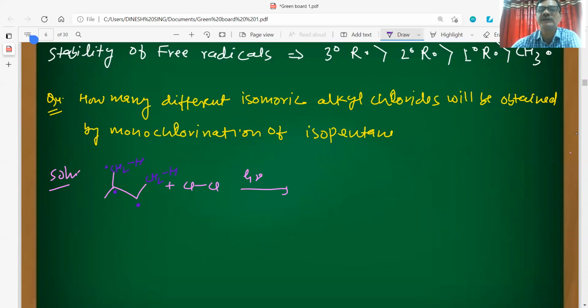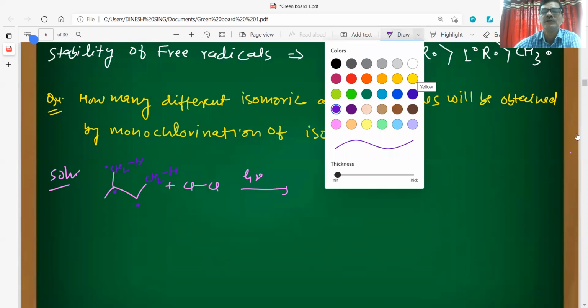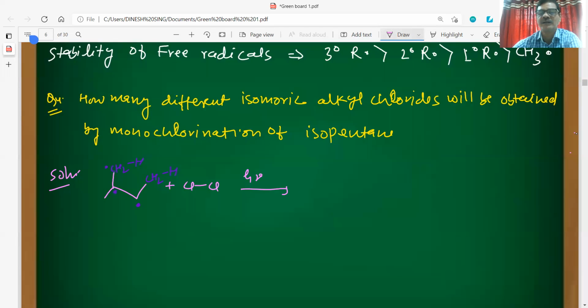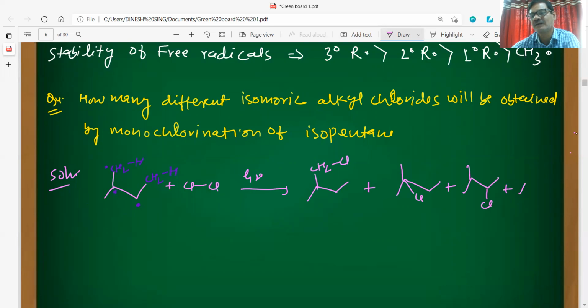So if we consider replacing different types of hydrogen, the first product we will get is this CH2Cl. Second, we will get Cl coming here. Third one we will get this one, and the fourth one will be here.